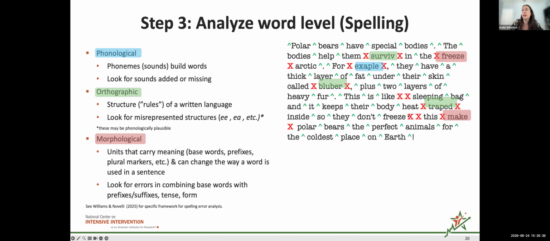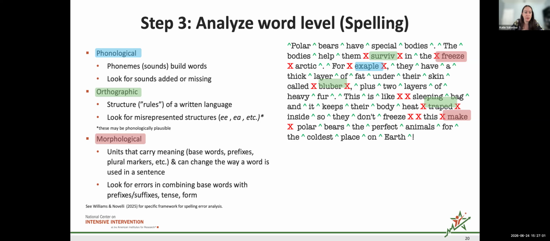The next one is blubber, and the last one is trapped. Both of these are missing a doubled consonant when a suffix was added on there, resulting in a spelling error. Again, they can be phonologically plausible, even though this one would probably be read as traped because it doesn't have that doubled piece. So they're missing that rule.